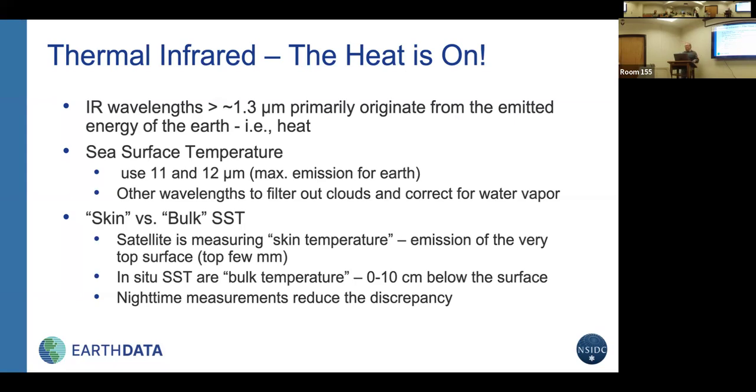Whereas with ships, you dump a bucket in, and they're more sophisticated now, but they're still looking at least 10 centimeters below the surface. And the surface is absorbing the sun's energy, so the surface is going to be warmer than below. So you have to make some corrections if you want to connect that all together, which is very typical to do with satellite data versus in situ field data.